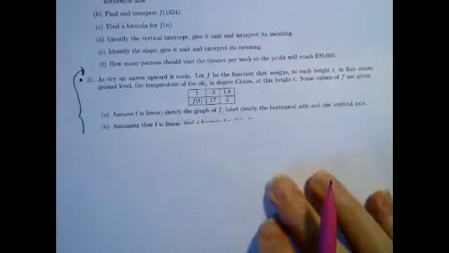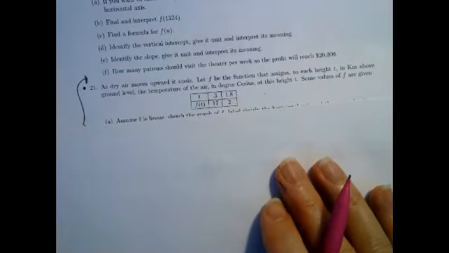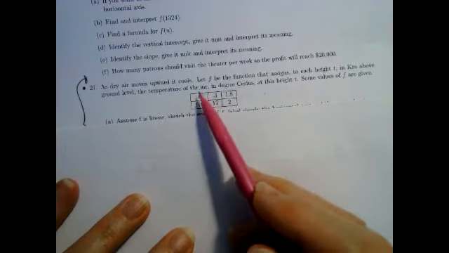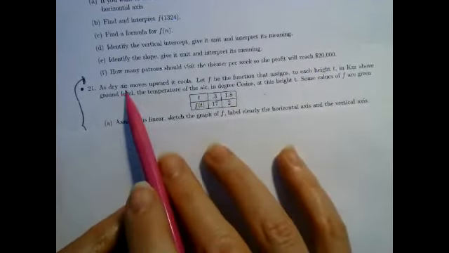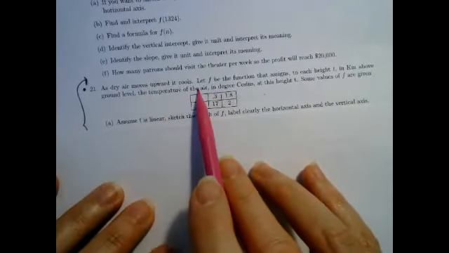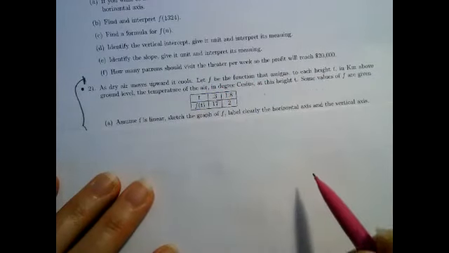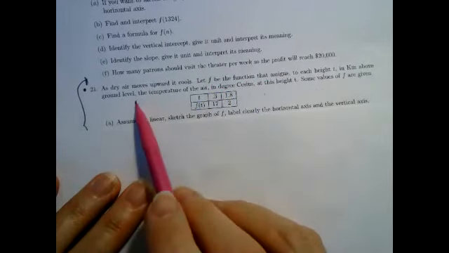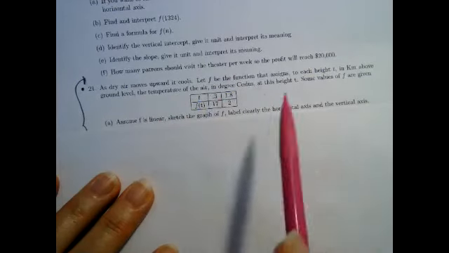So I'm going to read 21 with you and do it. As dry air moves upward, I gave you the scenario before, but now I'm giving you more about it. As dry air moves upward, it cools. Let F be the function that assigns to each height t in kilometers above ground level the temperature of the air in degrees Celsius at this height.